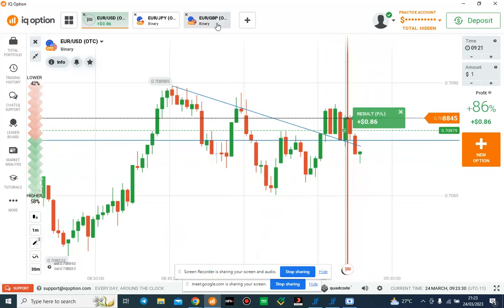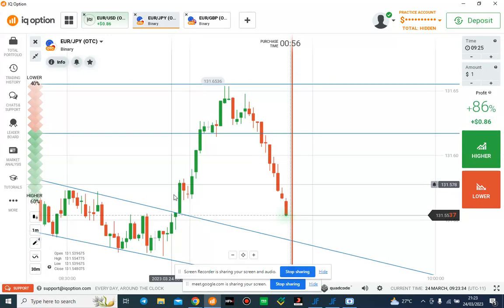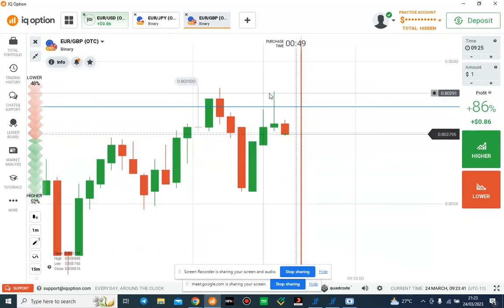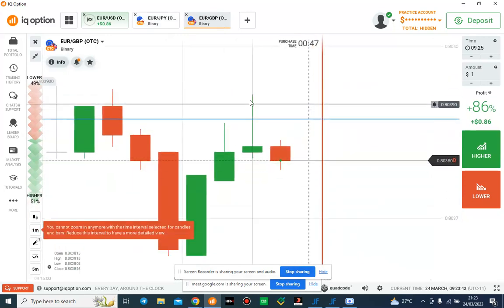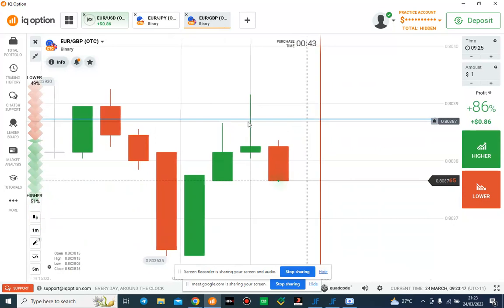I thought the market was going up, just like this, and then this a breakout. The market is still going down. You can see the price also rejects, still rejects from this line.